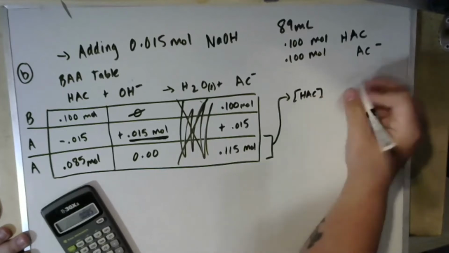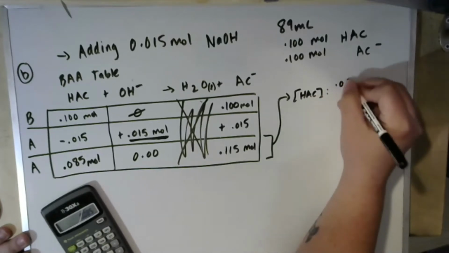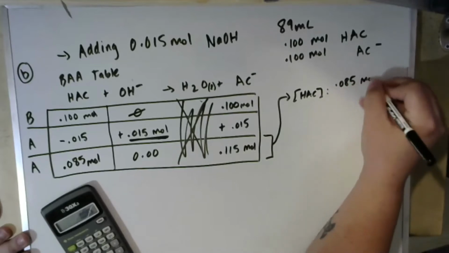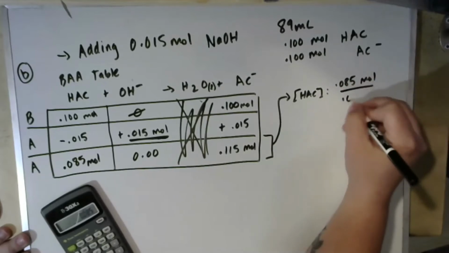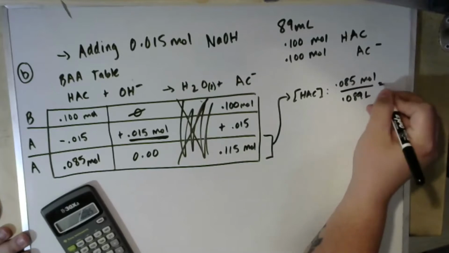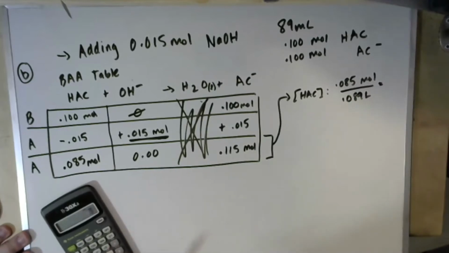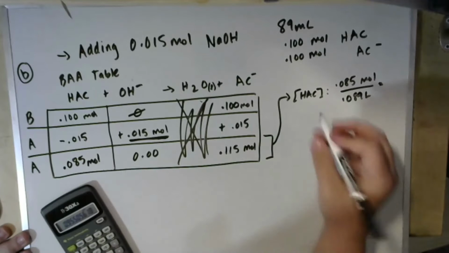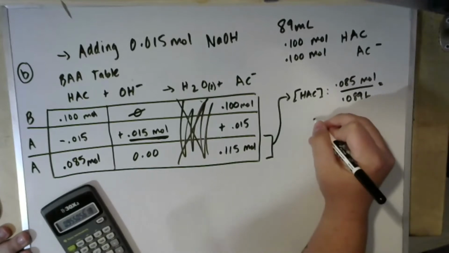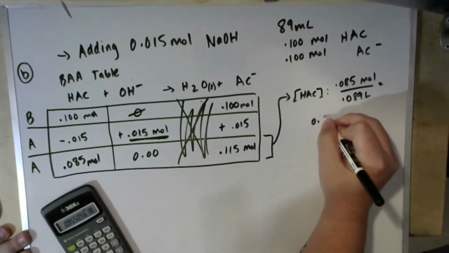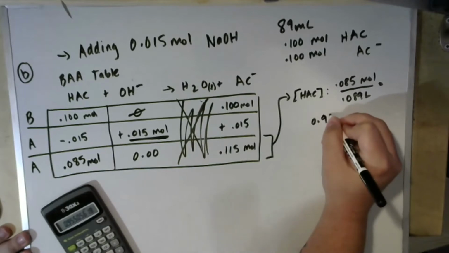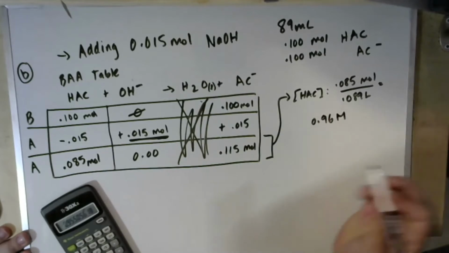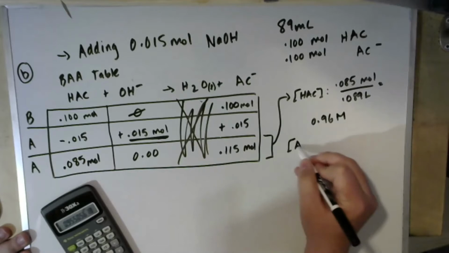So the concentration of the acetic acid is going to be 0.085 moles over 0.089 liters. So that's going to be 0.96 molar.